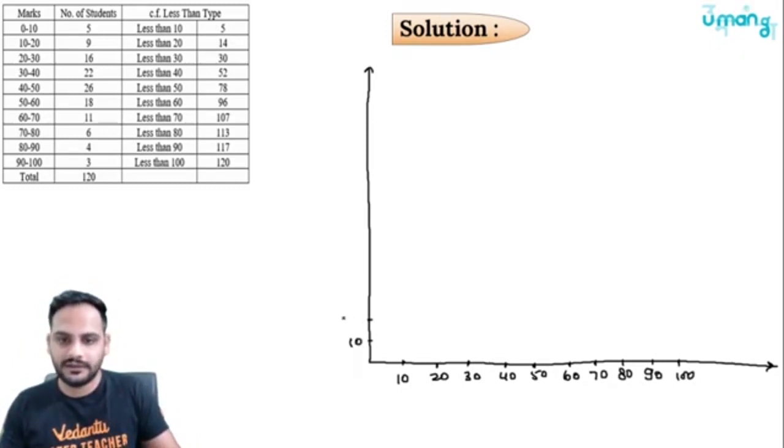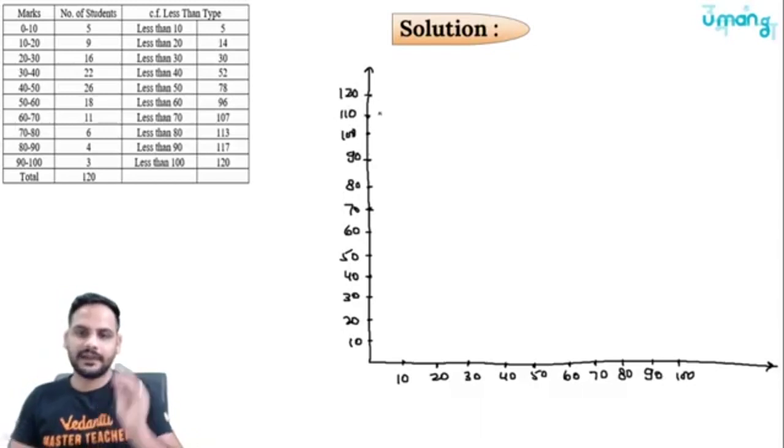So 10, 20, 30, 40, 50, 60, 70, 80, 90 and 100, 110, 120, like this.